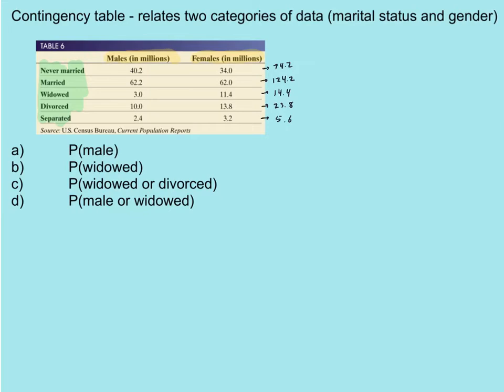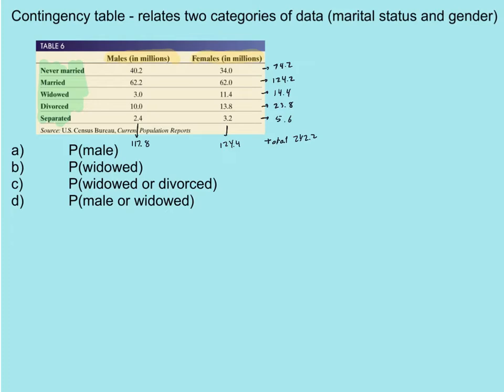Then if you add down the columns, this column you get 117.8, checking your calculator. This column you get 124.4. And then the total overall is 242.2. There we go. And those are technically in millions of people, so the total population contained within this survey data is 242.2 million people.